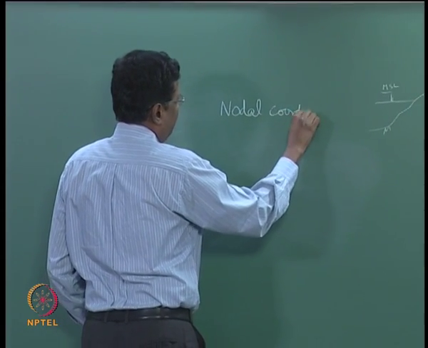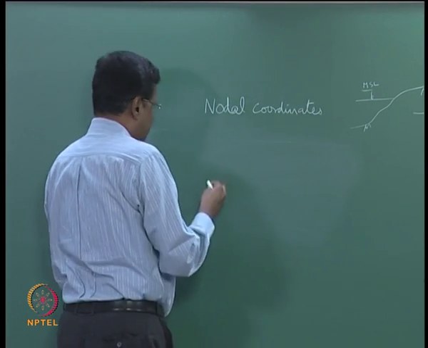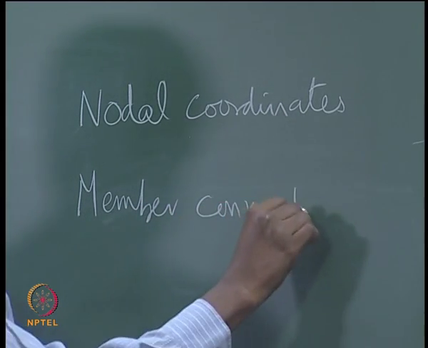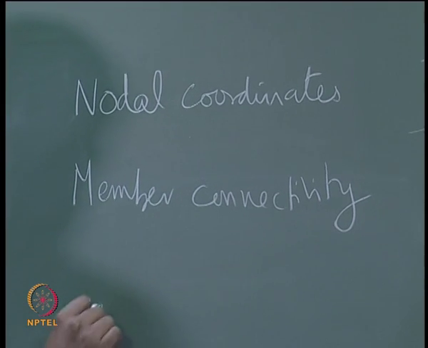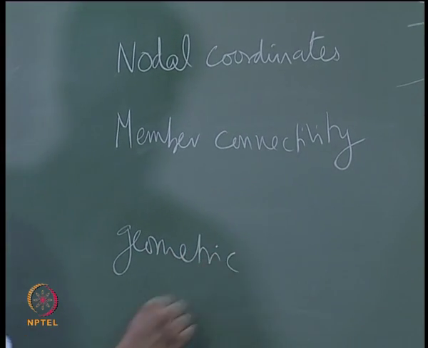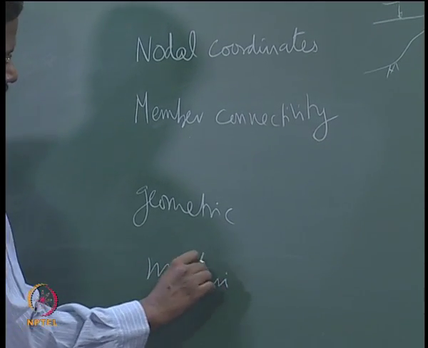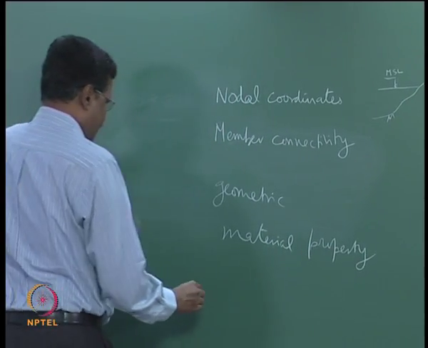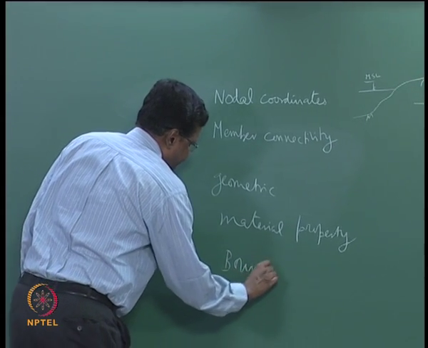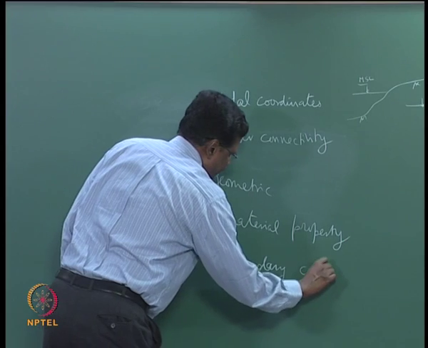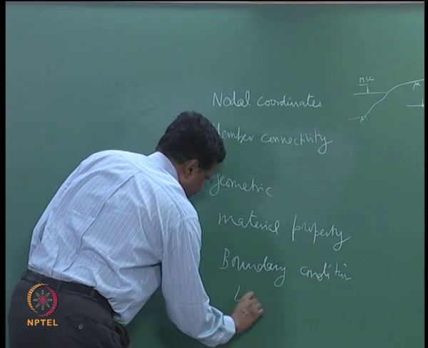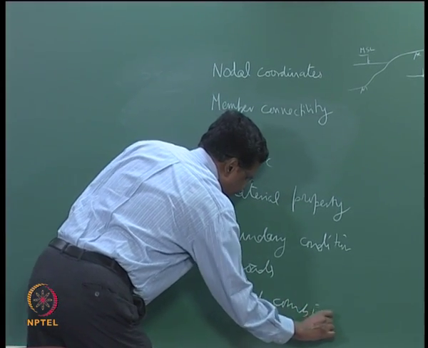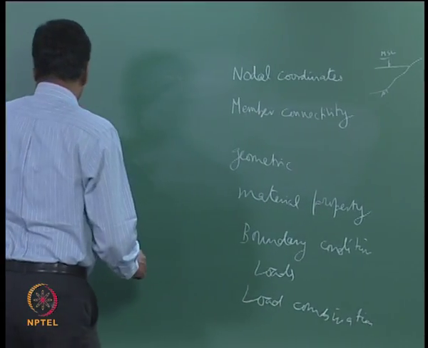One is called the nodal coordinates, another is known as member connectivity data, geometric properties, material property, boundary conditions, loads, load combination. Then we will have analysis.